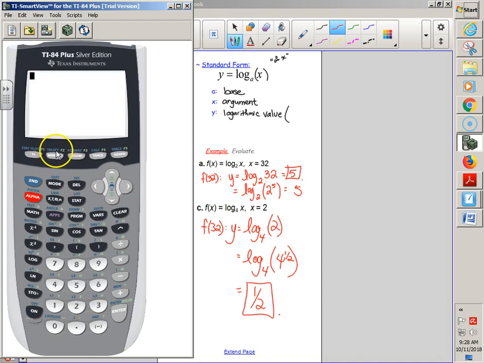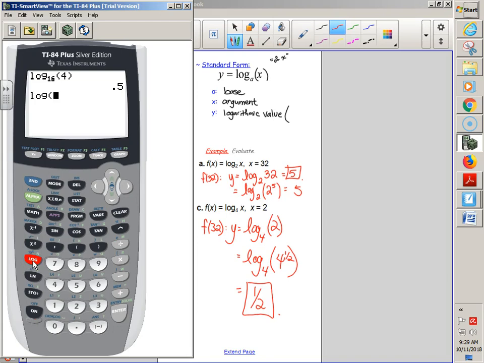I'm going to use my alpha shortcut. What are we doing, 16 and 4? What do you guys think, 1/2? Nice. So wait a minute, how could I use common log to get 1/2?